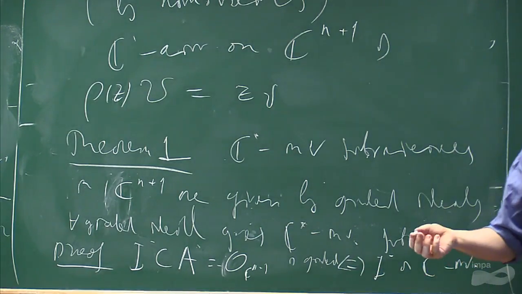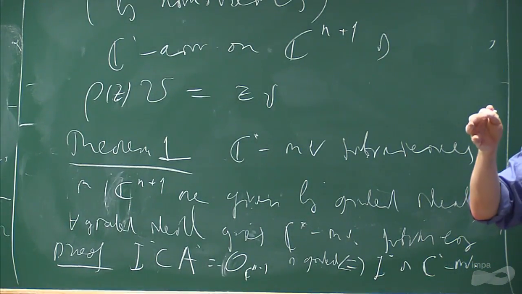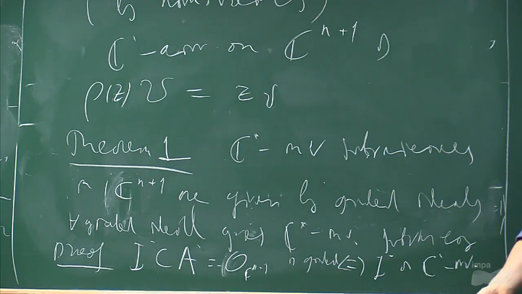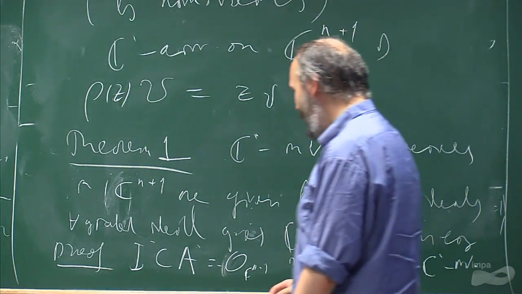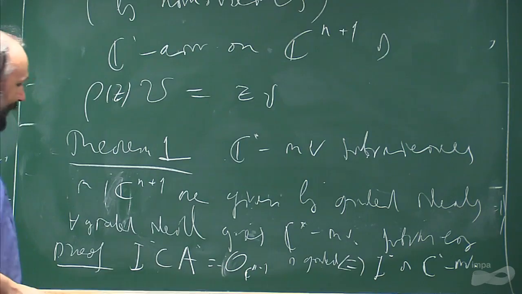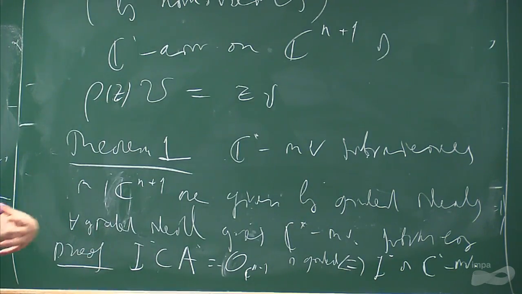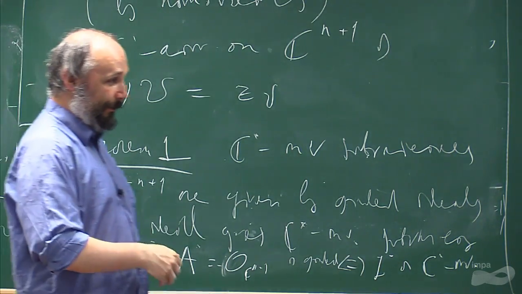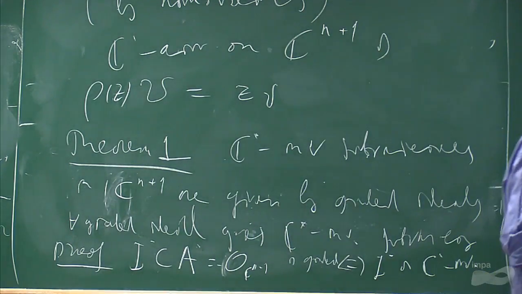This is because we have an equivalence of categories. Graded subspaces are the same as invariant subspaces under C-star action. And then, of course, by Hilbert Nullstellensatz the subset defines the ideal uniquely. So if you have an invariant subset, it defines an invariant ideal. Clear?